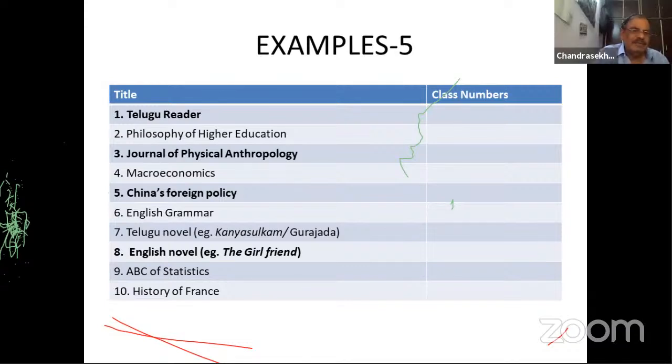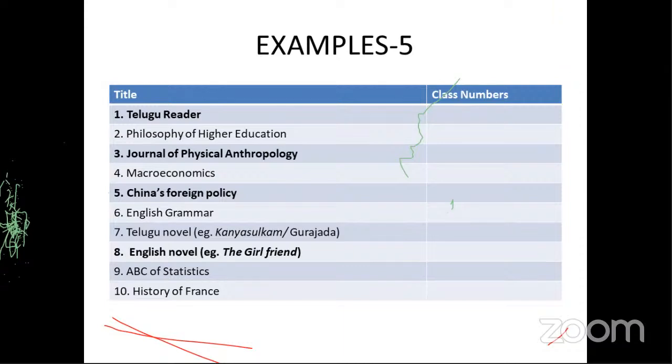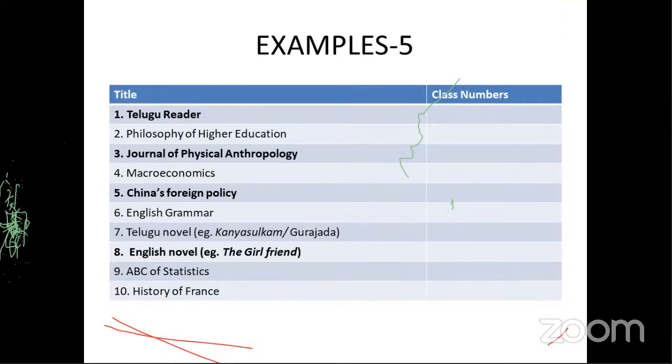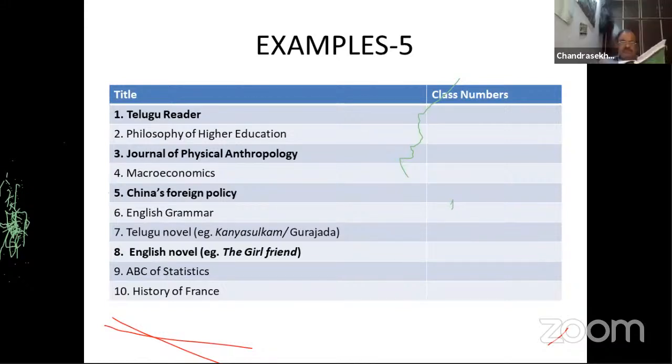So general physical anthropology. I think physical anthropology came for many. Anthropology is 301, sir. What is the number? 301 is anthropology, sir. Sociology and anthropology, that is social anthropology. So let us check whether it is correct or not.